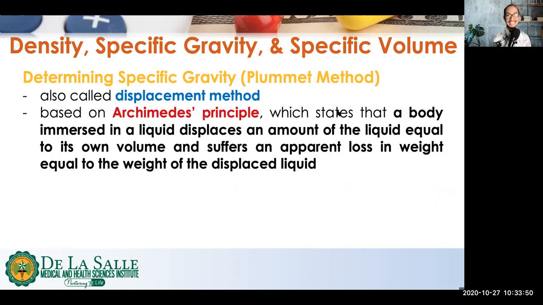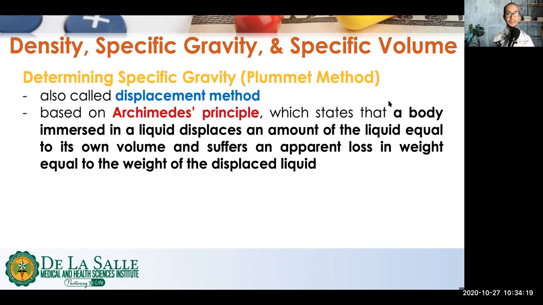So the next one is the plummet method, or the displacement method. If you have already watched the videos that I posted in the learning module, you may have already learned about the exclamation by Archimedes, when he discovered a solution to a problem that was given to him by the king, and he said Eureka.